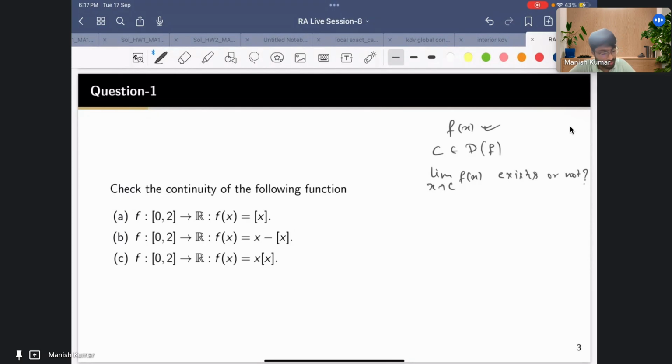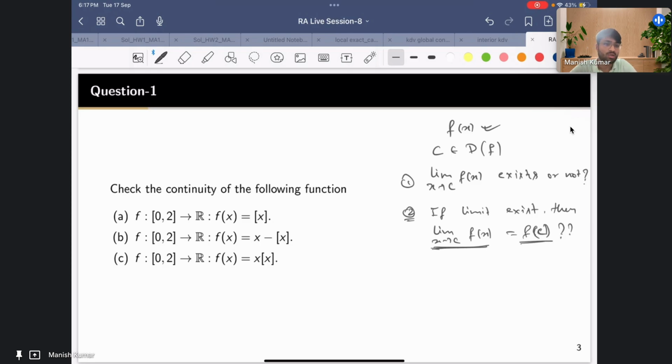Then the second question is, do we have the condition that the limit value we are getting is equal to the function value?